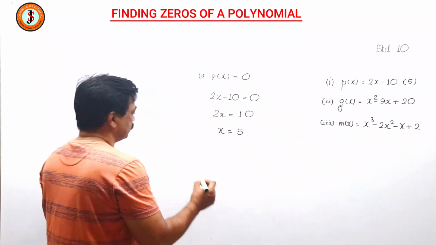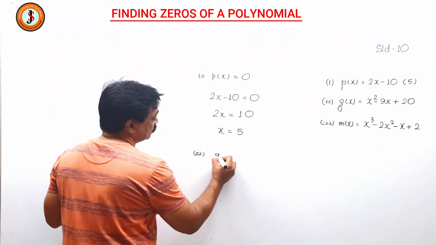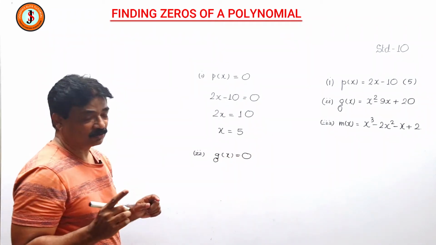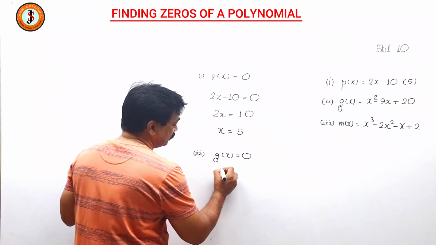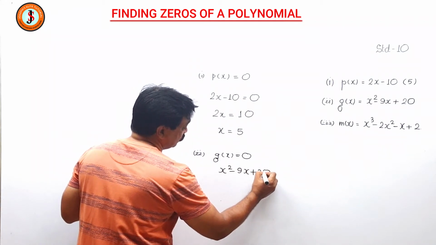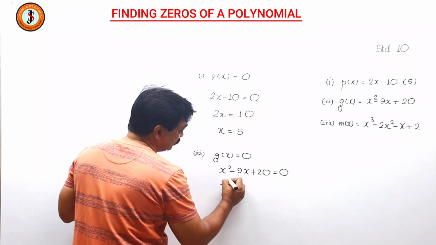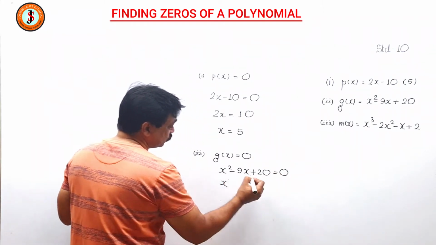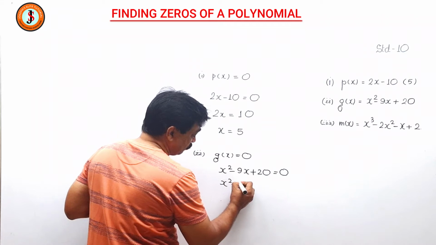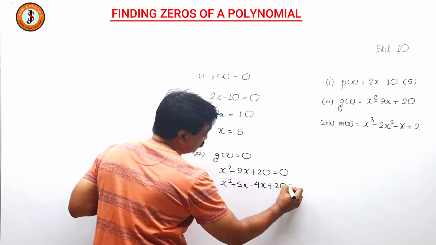Then we move to the second one. We have got some board space over here. So g(x) should be equal to 0. We have to get that value of x. So instead of g(x), I write x square minus 9x plus 20 is equal to 0. We factorize by splitting the middle term. x square minus 5x minus 4x plus 20 is equal to 0.